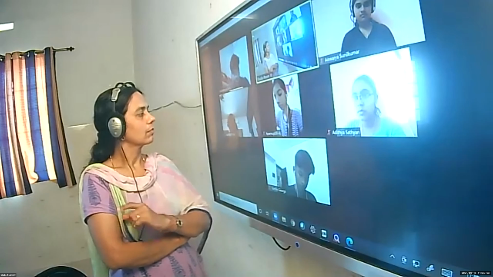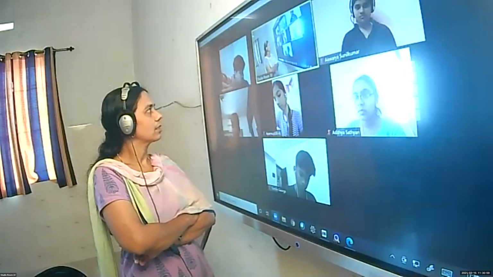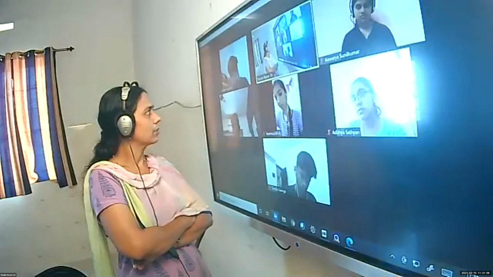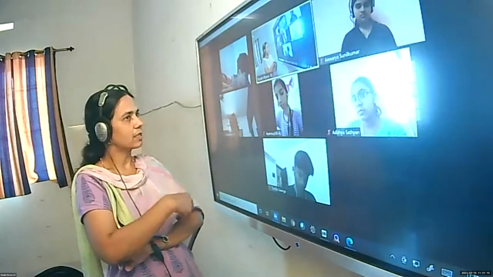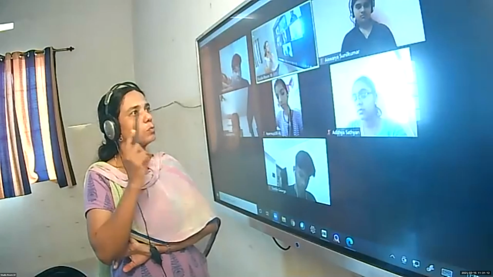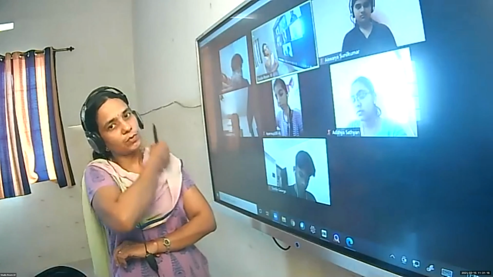Karthik, define order of a differential equation. Order of a differential equation is the order of the highest derivative present in the equation. Write it, Shubham. Write down the definition in your notebook. That day itself I told you, definitions are more important, because they will be asked for 1 mark questions.